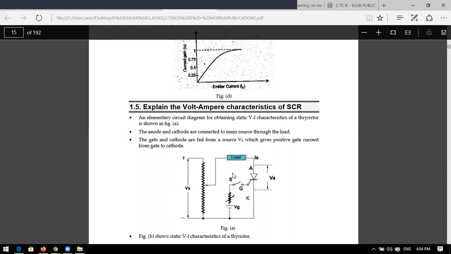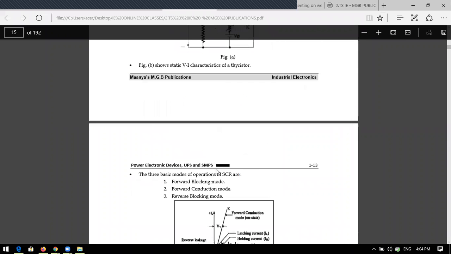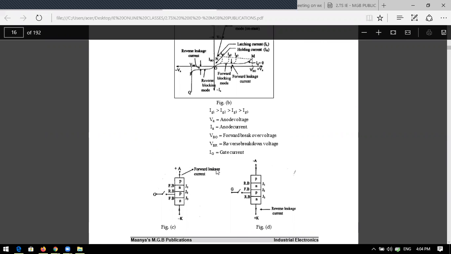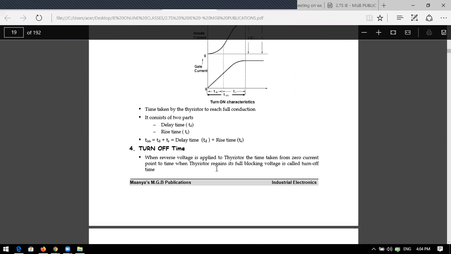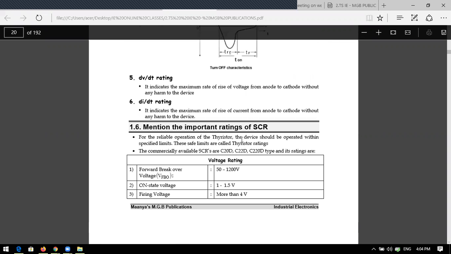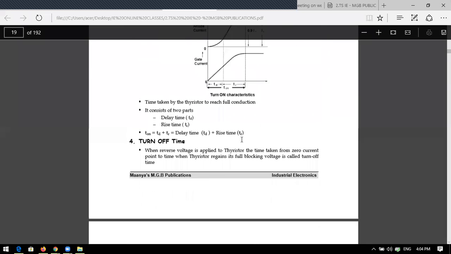You should learn them very well for the next class. Then only will you understand the terms of this device very well: turn on time, turn off time, holding current, latching current, gate current, di by dt rating, dv by dt rating. Everything you have to learn in the next class.